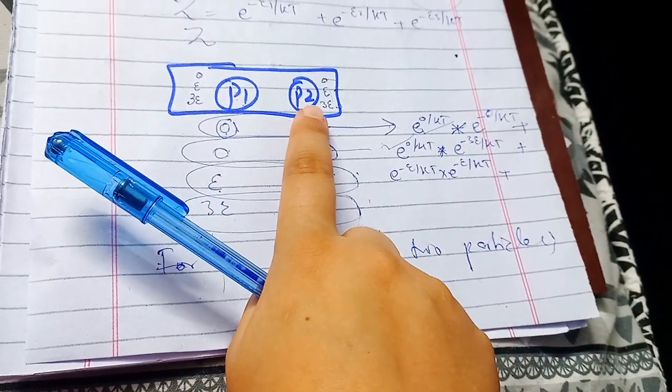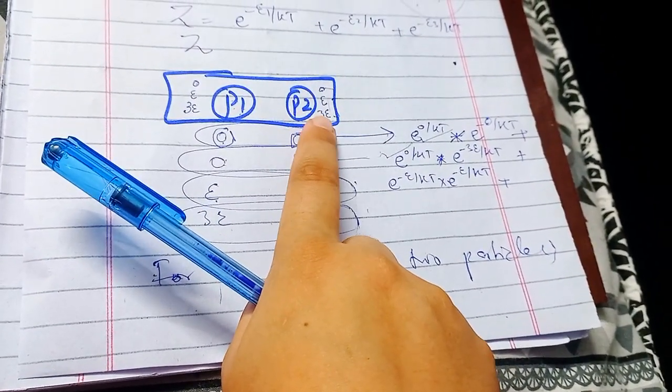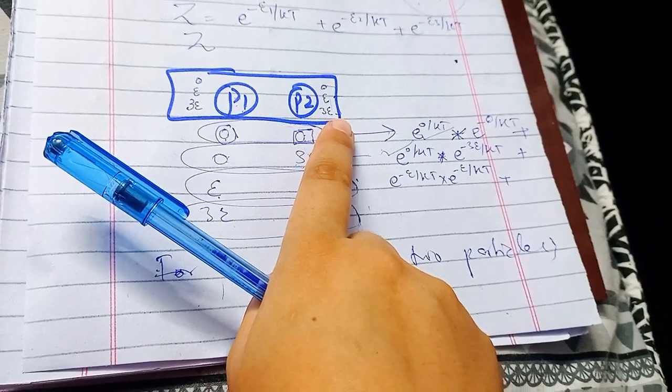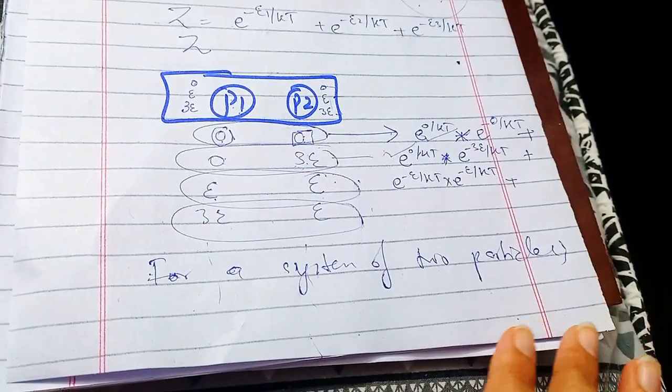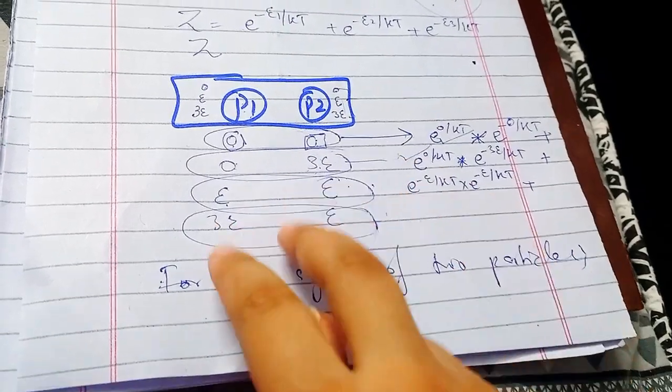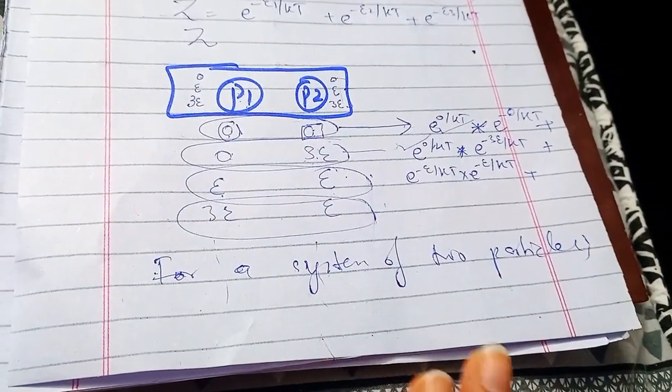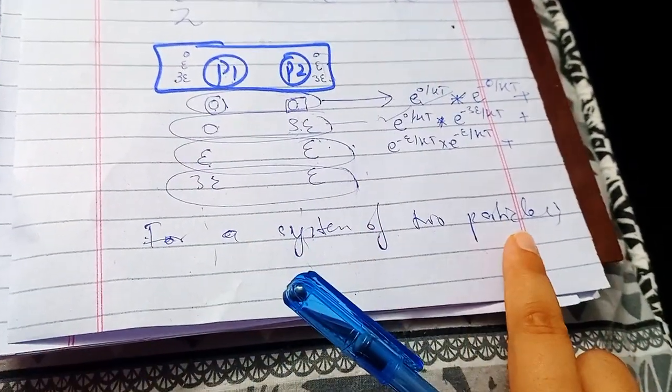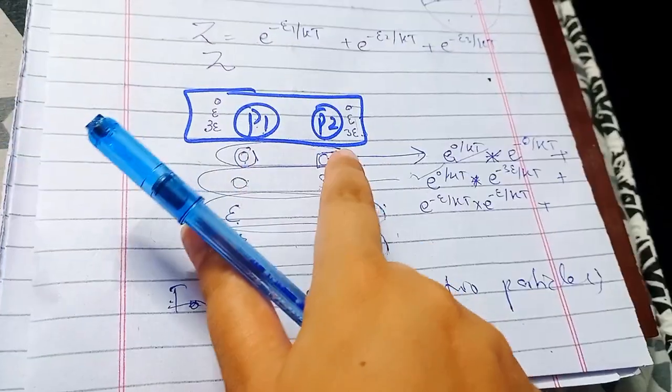Okay, and they are considered to be identical here. For the case where they are not identical, we can easily get information from this rule, but let us understand what this rule is for. It's for a system of two particles such that they are identical particles.